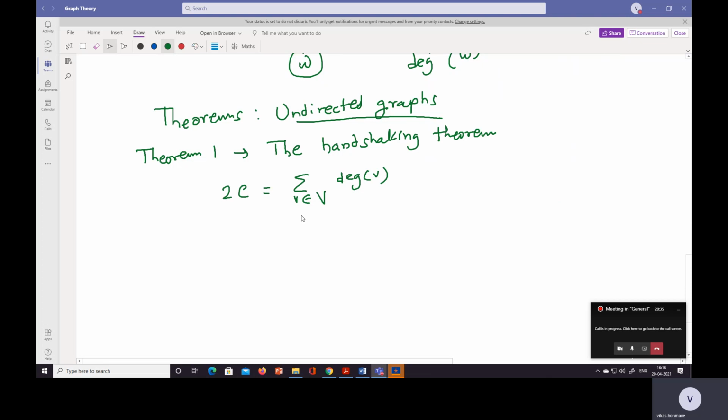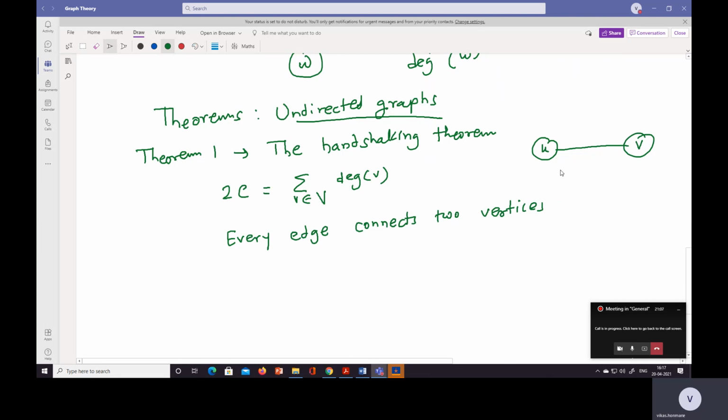Every edge connects two vertices. Let's see this statement. Suppose u is one vertex, v is another vertex, and we have an edge.